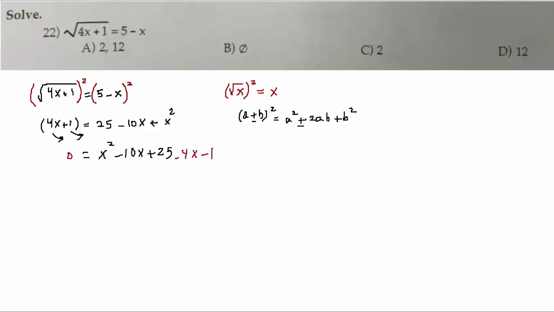The whole thing would be equal to 0. So what we get is x squared. Let's combine the like terms. You get minus 10x minus 4x, that would be minus 14x. Then you get plus 24 is equal to 0.